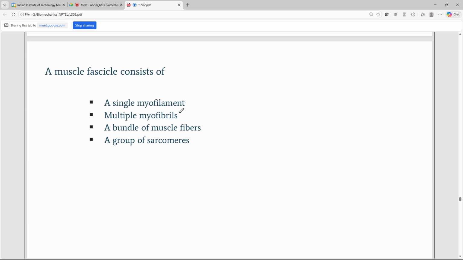Next question. A muscle fascicle consists of a single myofilament, multiple myofibrils, a bundle of muscle fibers, or a group of sarcomeres. So, what's the constitution of a muscle fascicle?